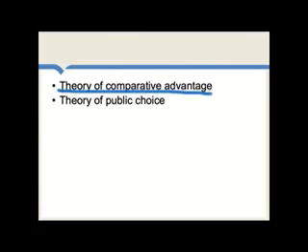There is also what economists call the theory of public choice, and this says that even if there might exist some ideal government policy to restrict trade with foreign retailers, it's unlikely that a government will actually pursue that ideal policy.